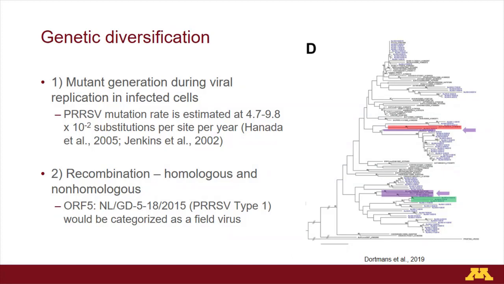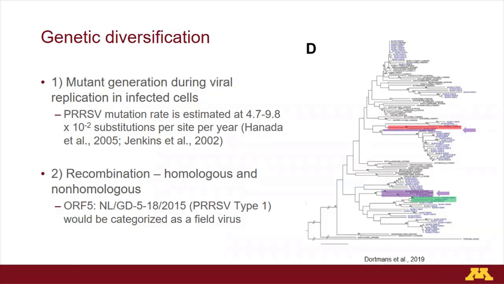Genetic diversification can be either through mutant generation, which in PRRS is a mutation rate estimated at 4.7 to 9.8 times 10 to the minus 2 substitutions per site per year. The other form of genetic diversification is recombination, and we have a recently published paper as an example of recombination in PRRS.